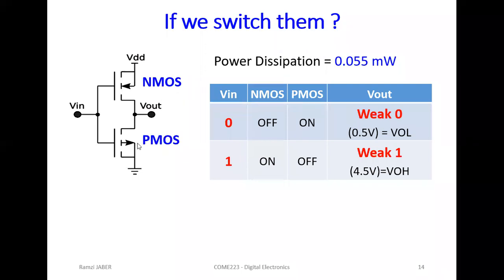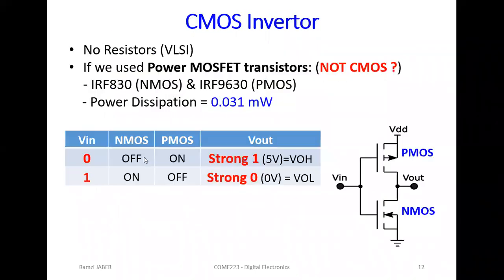So if we switch, we must always put PMOSFET to the VDD to eliminate the internal diode 0.5 volt. Always inside the transistor we have diodes. So to eliminate the effect of the internal diode, that's why the golden rule of CMOS says always connect PMOSFET to the VDD and NMOSFET to the ground to get strong 1 and strong 0.